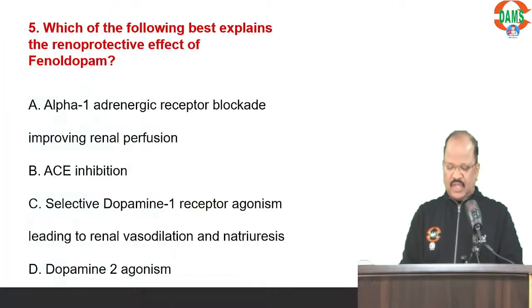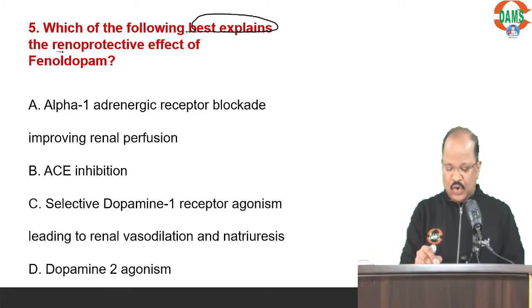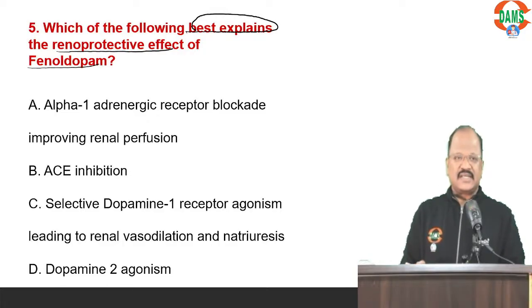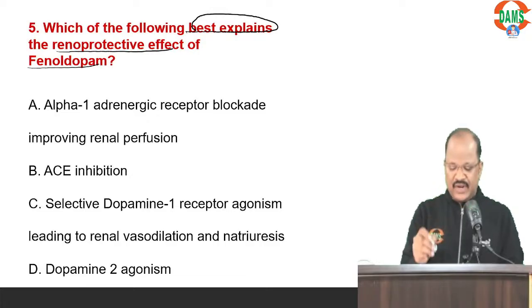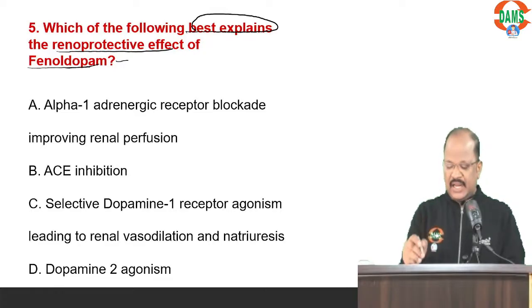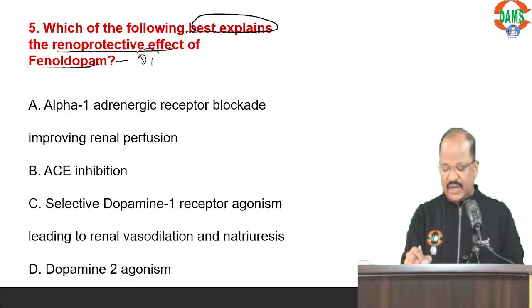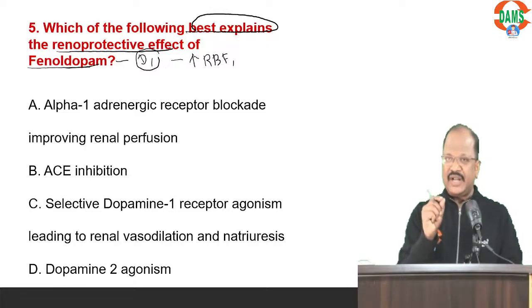We'll discuss: which of the following best explains the renoprotective effect of fenoldopam? This and all we repeatedly discuss in our regular class notes. When they ask this question, without seeing the options, you should come up with the answer. Fenoldopam, a synthetic catecholamine, selectively acts on D1 receptors in renal blood vessels, increases renal blood flow, thereby increasing kidney blood supply and improving kidney function.